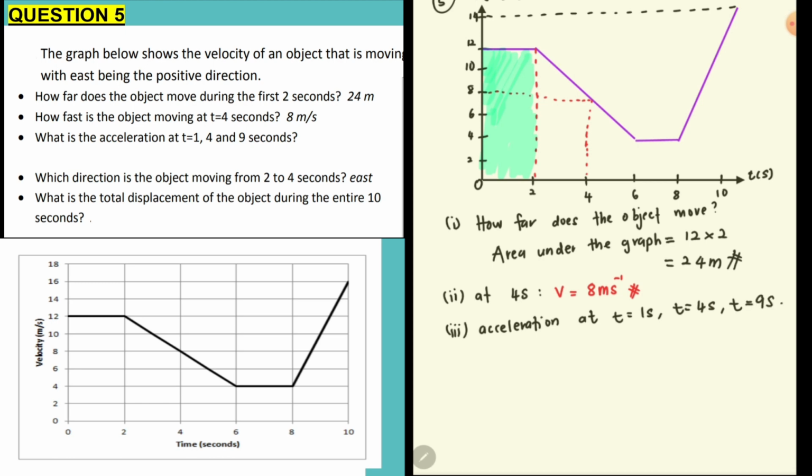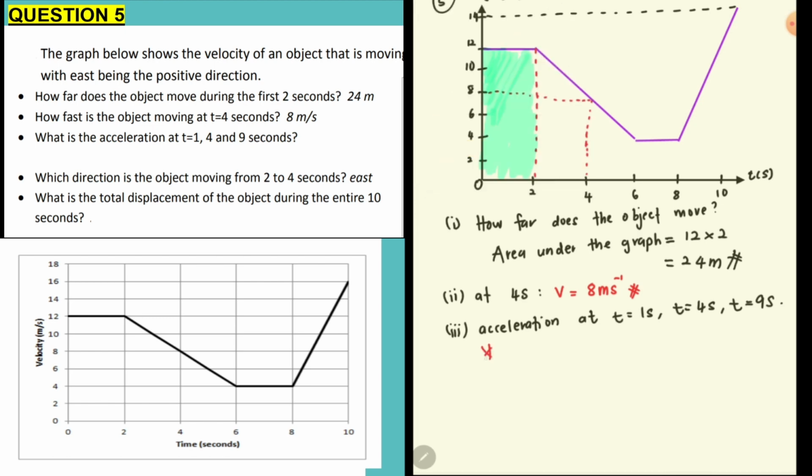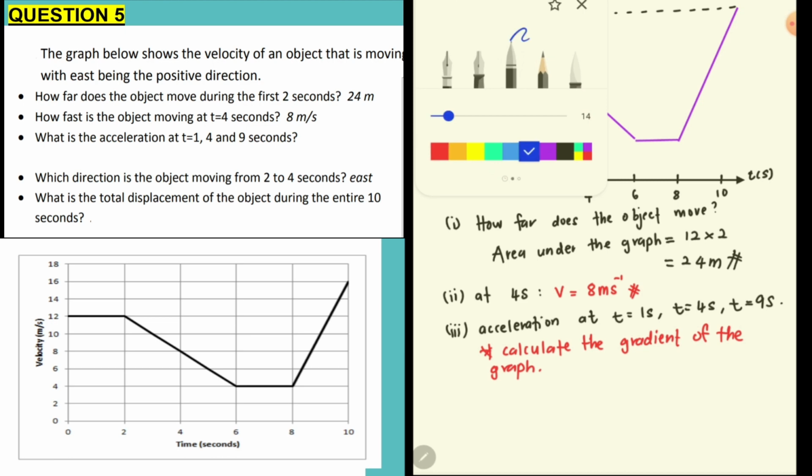For the graph V against t, we need to calculate the gradient of the graph. Let's try to calculate the gradient, and I want to use the blue color.